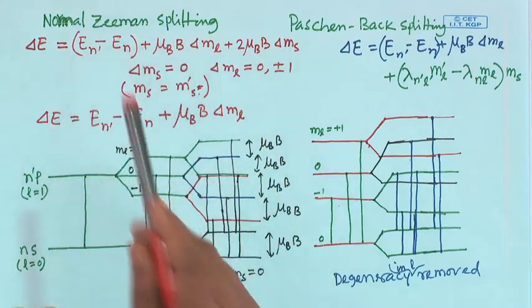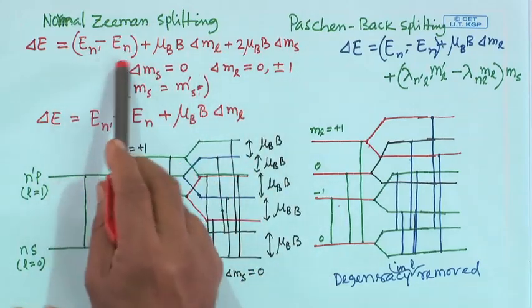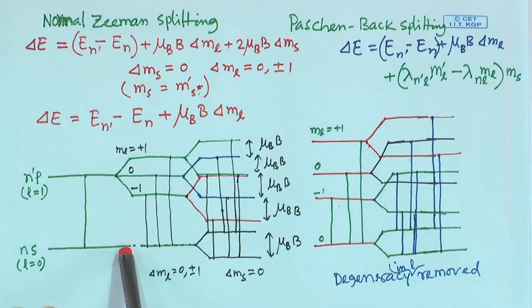Okay. So, E n is the energy before applying the magnetic field.